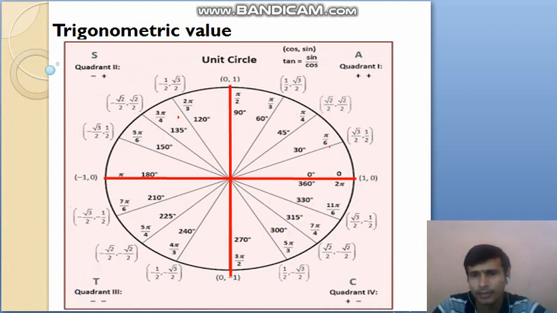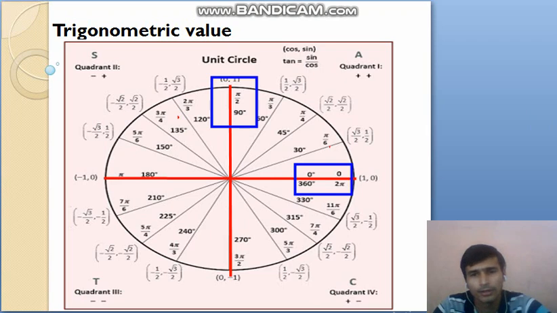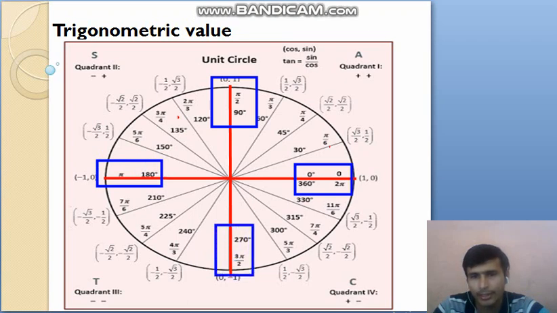Then write the value of the angle. You can write here 0 degree or 2 pi radian, 90 degree or pi by 2 radian, 180 degree or pi radian, 270 degree or 3 pi by 2 radian.